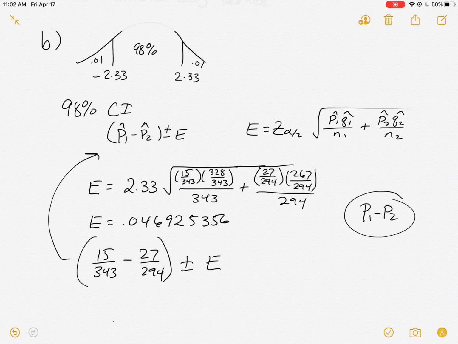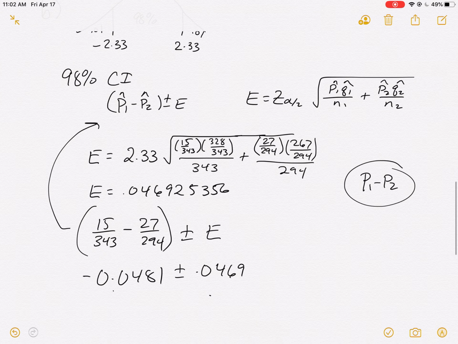Well, let's take a look at 15 divided by 343 minus 27 divided by 294, and realize we get a negative 0.0481. I'll round it to 3 significant digits again. That's out 4 decimal places, so I'll take 4 decimal places of accuracy in my error, I apologize, 0.0469.